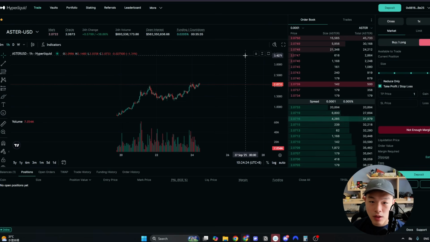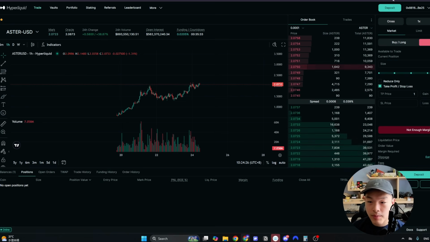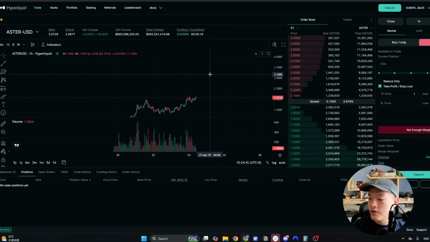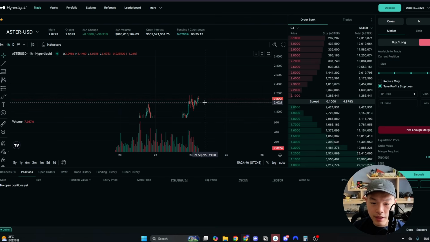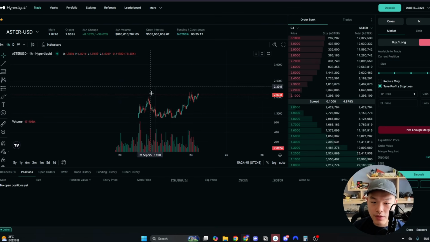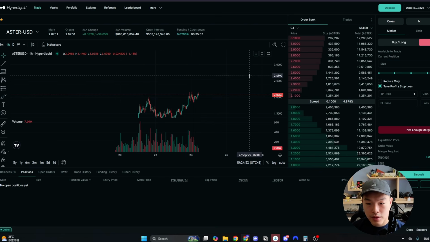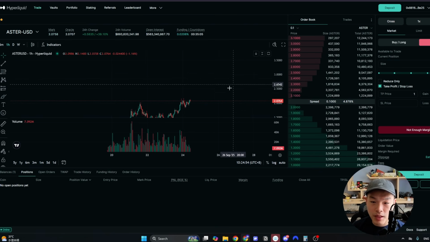One thing that you really want to watch out for is the amount of liquidity that is in the pair. For Aster, there is quite a lot of liquidity on the upside here. So if there's a lot of buying pressure, it's not very likely that you're going to see a scam wick to liquidate your short, right? But for a lower liquidity token, this is something you want to keep in mind as well.